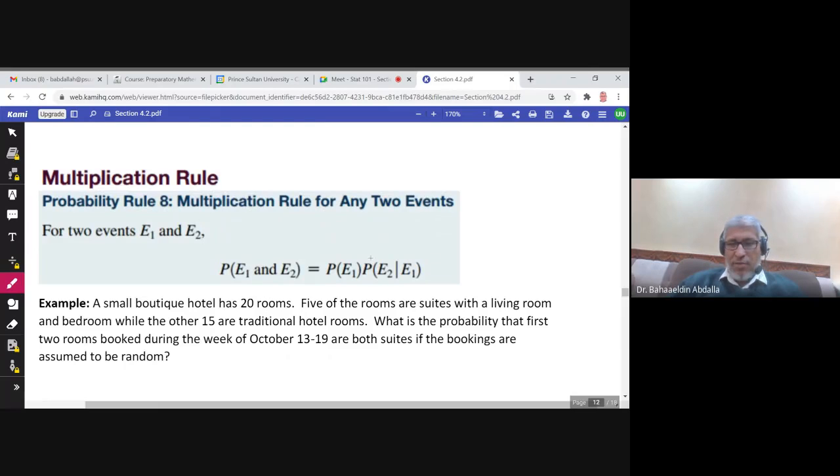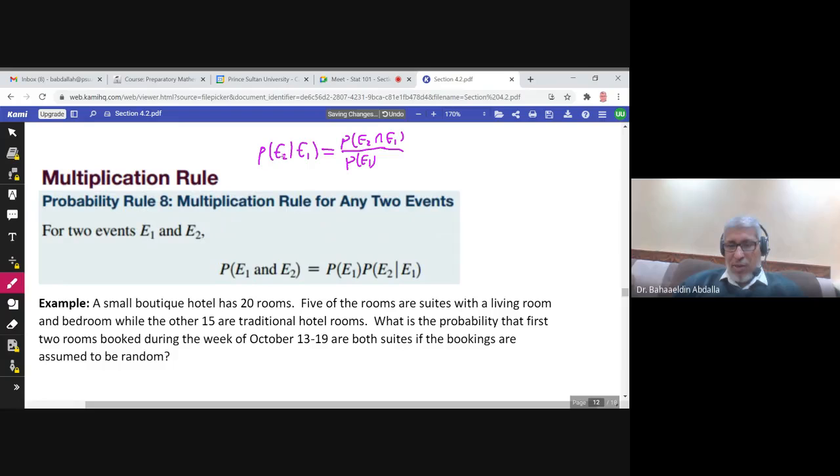We know that probability of E2 given E1. If I ask you what is the probability of E2 given E1, using the definition of the conditional probability, you will say that it is probability of the intersection E2 intersection E1 over probability of E1.